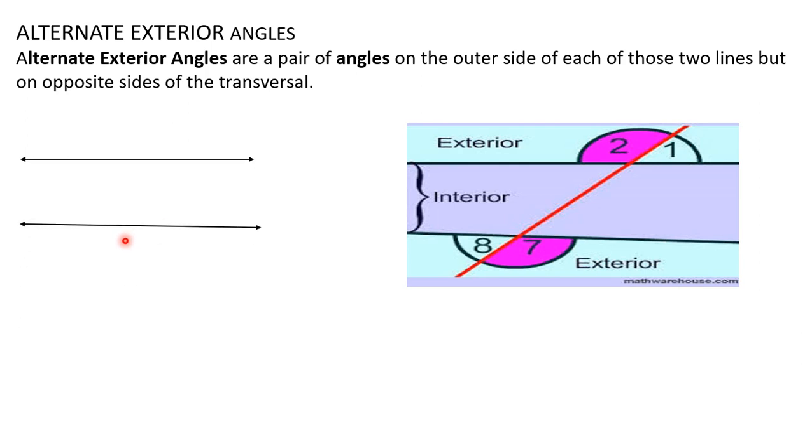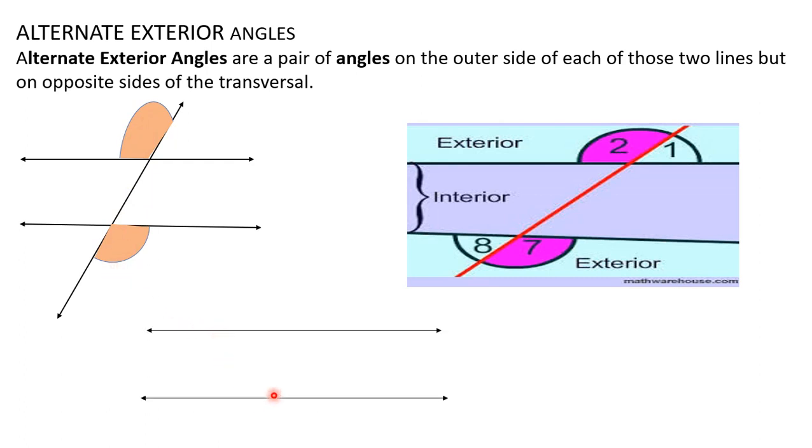So if two lines are there and a transversal intersects them, we can say this angle and this angle, by the figure, are alternate exterior angles. Understood? Then the second one is again there. If two lines are there and a transversal intersects them, then this pair and this pair.